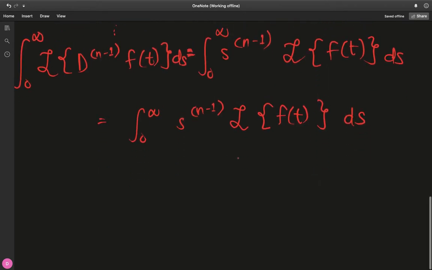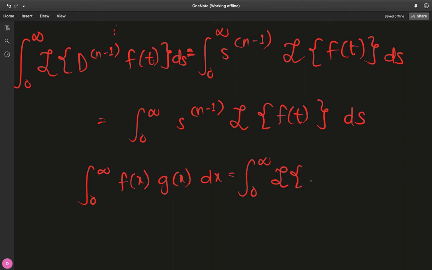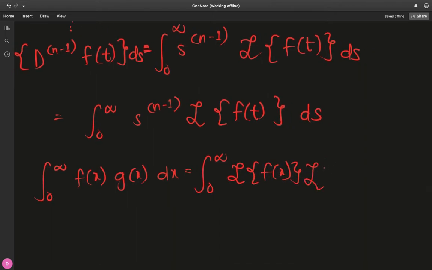ds. And now I would like to use a property that I proved in my last video, which said that if you have the integral from 0 to infinity of a product of two functions dx, you can write this as the integral from 0 to infinity of the Laplace transform of one function times the inverse Laplace transform of the other function dx.